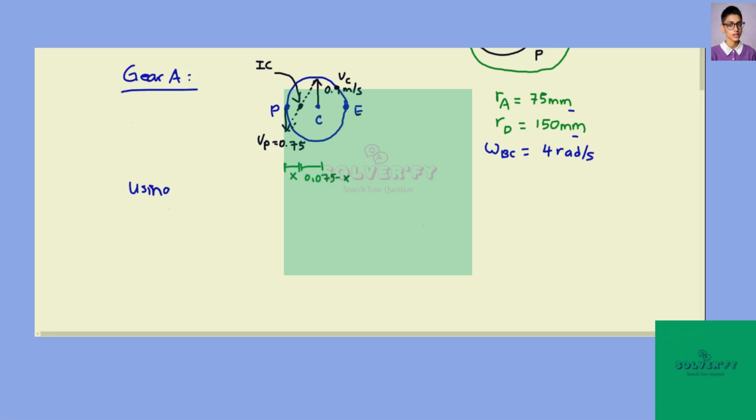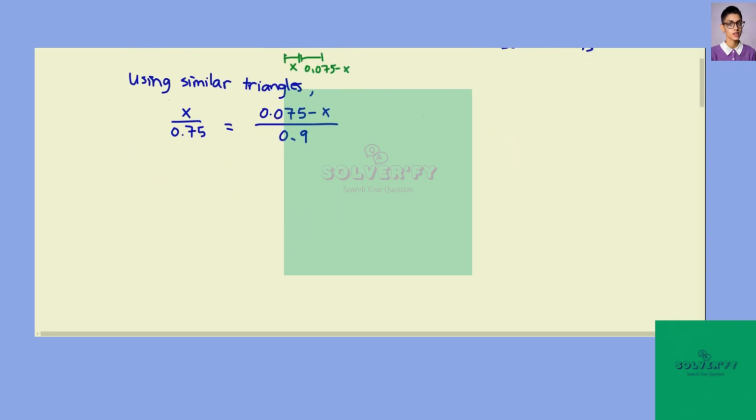Using similar triangles, we have x divided by 0.75 is equal to 0.075 minus x divided by 0.9. So you get x to be 0.75 times 0.075 divided by 1.65, and this is equal to 0.0341 meters.